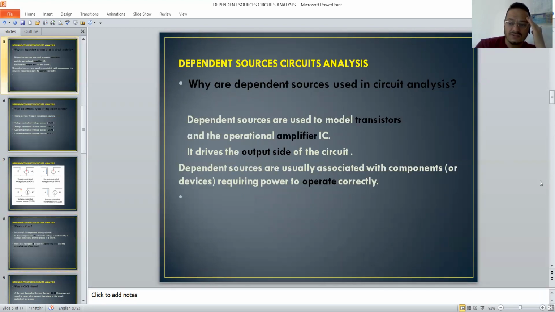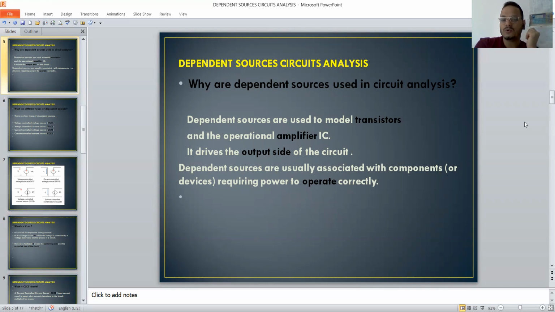Here, let's close this. Why are dependent sources used in circuit analysis? Sure, this has some benefits, because it is very important to us and we use it. Let's know why. Dependent sources are used to model transistors. It's very important for transistors and amplifiers.